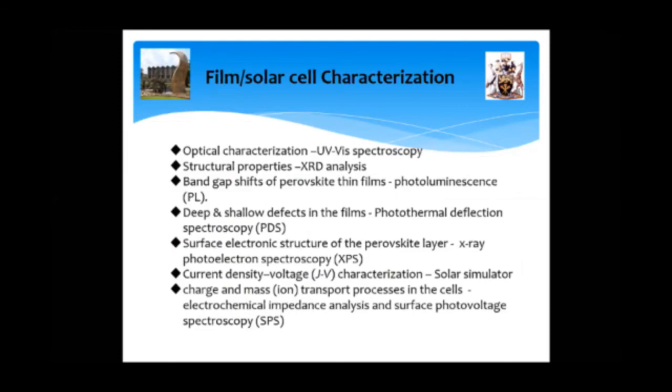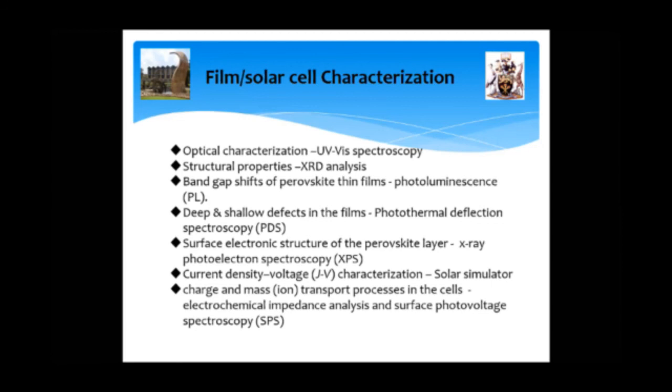Now, on to the film characterization and the solar cell characterization. We shall perform various characterizations on the films and also on the fabricated solar cell. We shall do optical characterization by UV-Vis spectroscopy, and then we shall study the structural properties of the deposited films by XRD analysis, and the band gap shifts of the perovskite thin films shall be studied using photoluminescence.